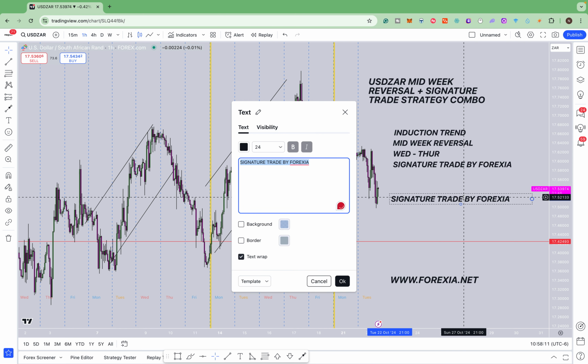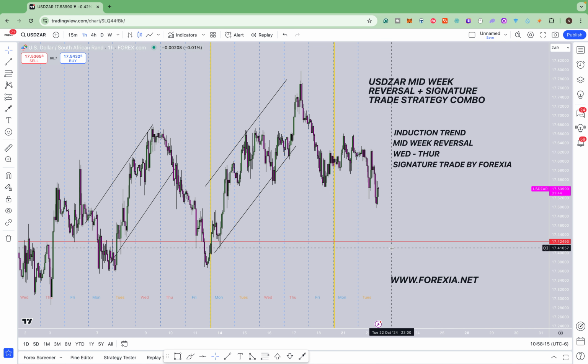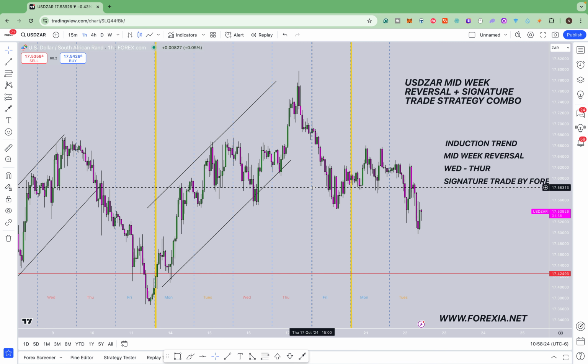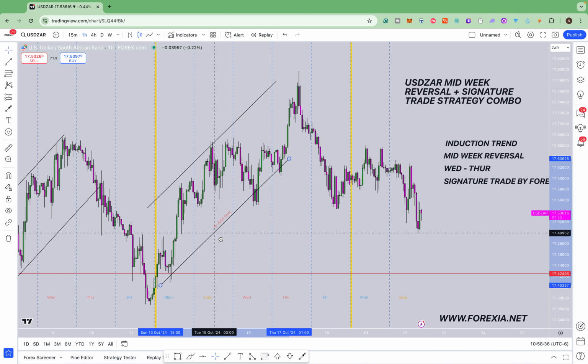So let's start by looking for the induction trend. What exactly is the induction trend? Like I said, it is a trend that happens in the beginning of the week, Monday, Tuesday, Wednesday. And then once that trend is easily predictable by the masses, in other words, you can basically plot it out very easily.